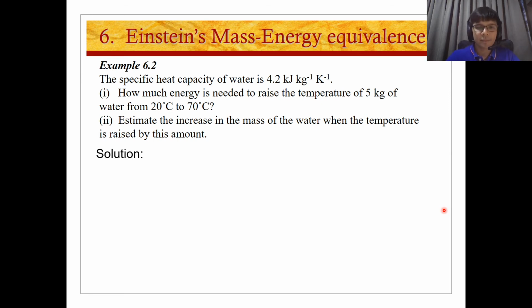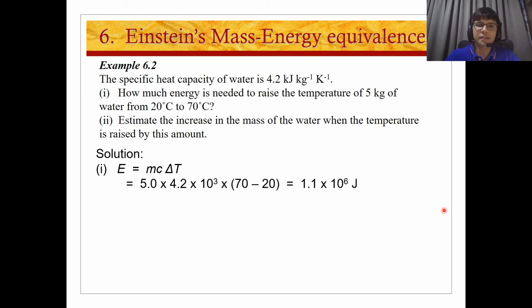So using E equals mc delta theta, our formula for heat and heat capacity, we find that for 5 kilograms of water, for this 50-degree C temperature change, we will require about 1 megajoule of energy. Okay, 1.1 times 10 to the power of 6 joules.